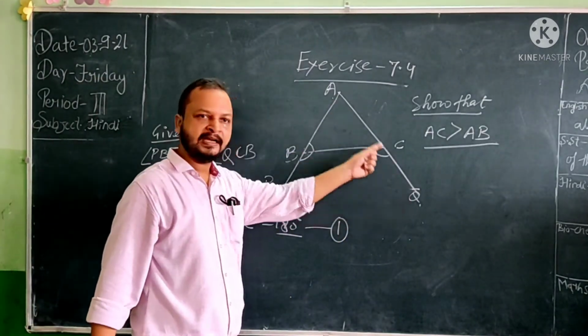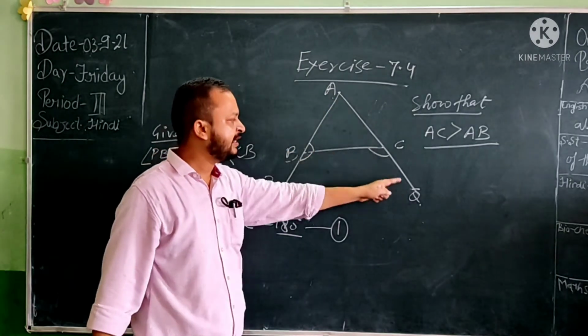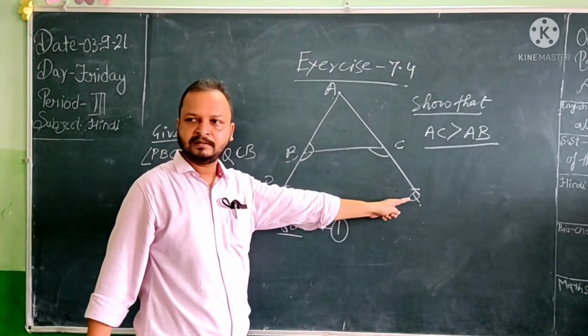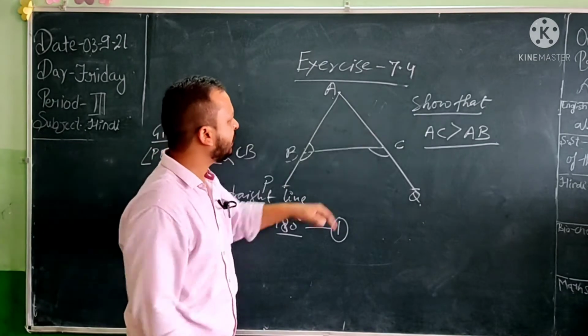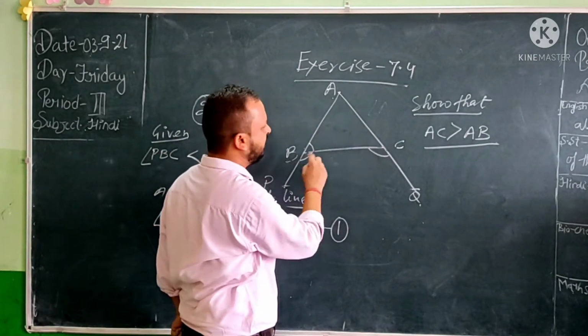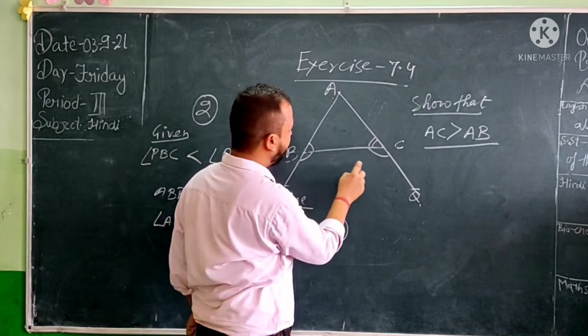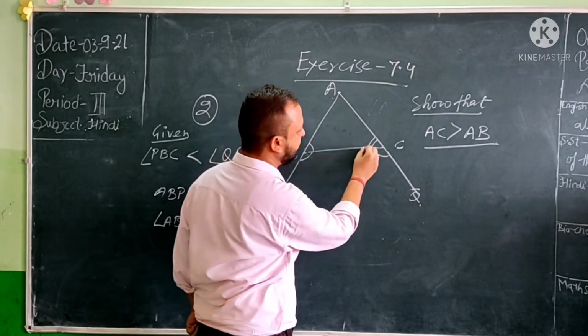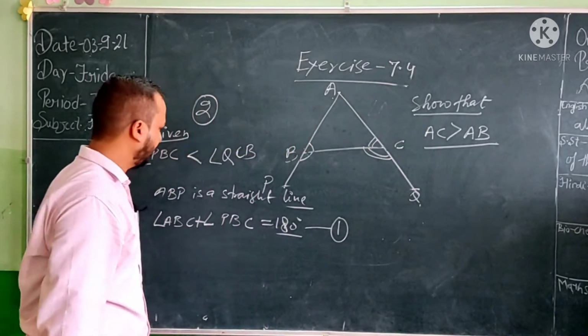Now come to this line. ACQ is also a straight line. So it means the sum of angle ACB and this angle QCB is also equal to 180.